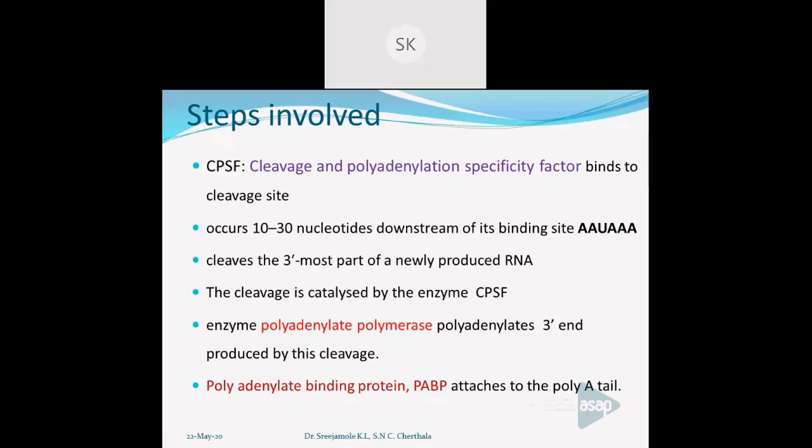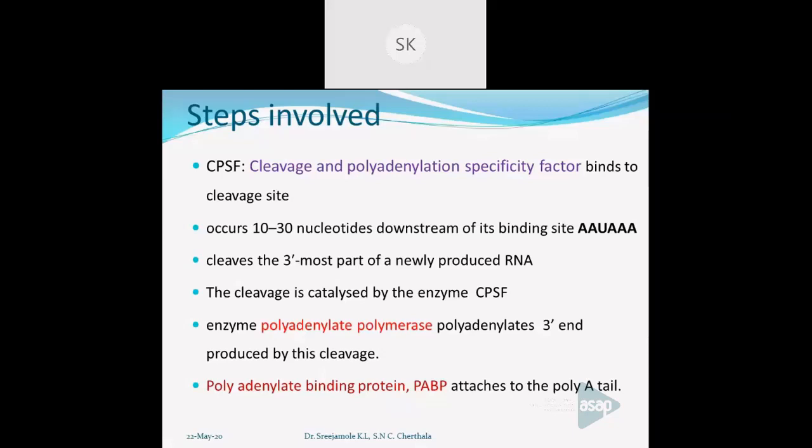After this cleavage, another enzyme known as polyadenylate polymerase adds adenine residues to the free 3' end where the cleavage has occurred. And later, another protein known as polyadenylate binding protein, or PABP, attaches to this poly-A tail.